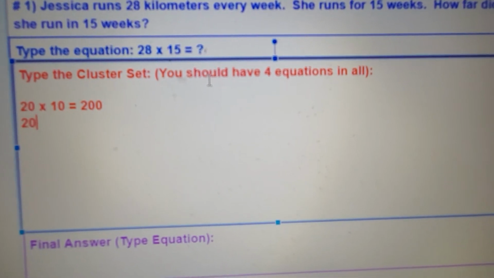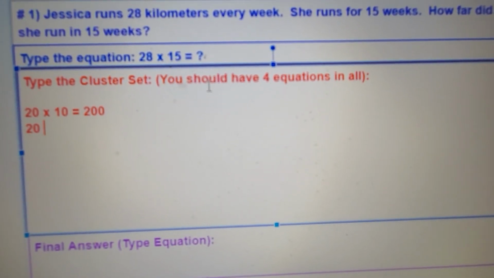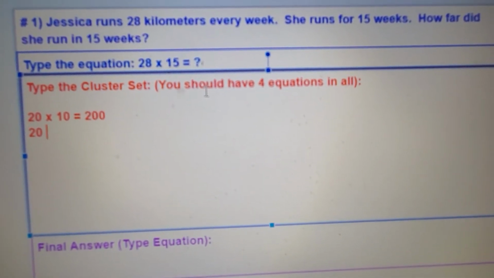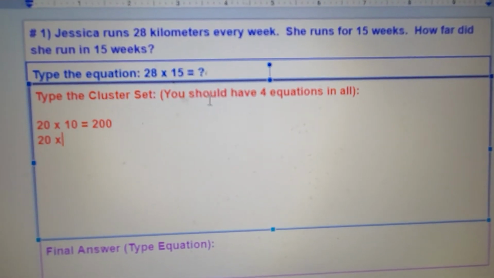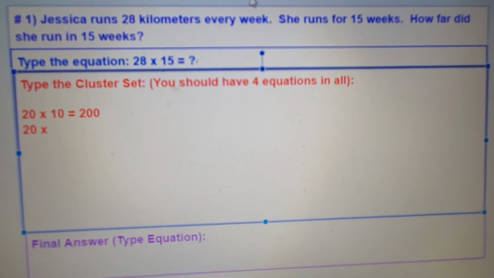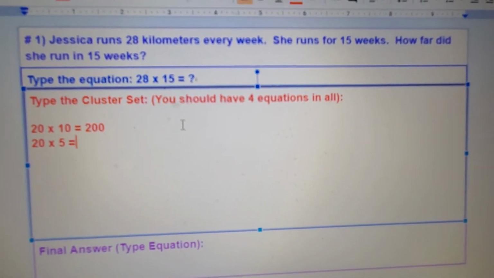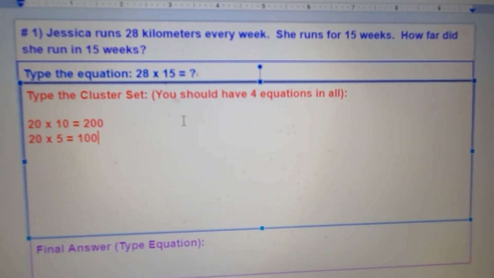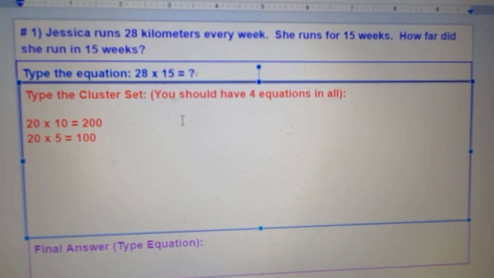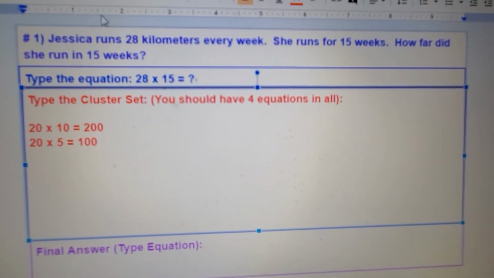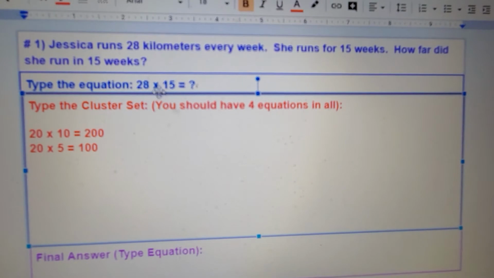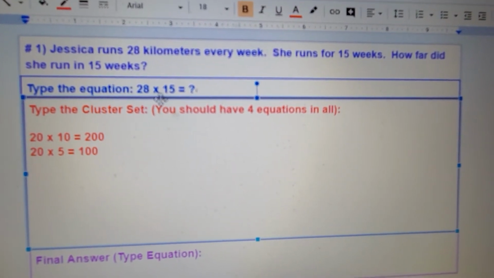So I'm going to use 20 again because I'm going to multiply the tens times the ones. Well, what's in the ones place in the other number? 5. So 20 times 5, well, I know that's 100 because 2 times 5 is 10. Now I multiply the ones, this 8 times this 10. So 8 times 10.